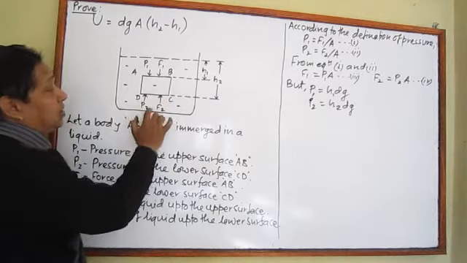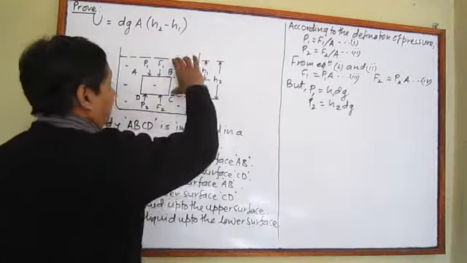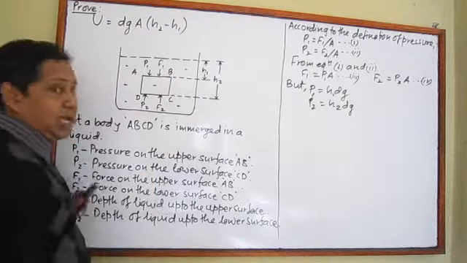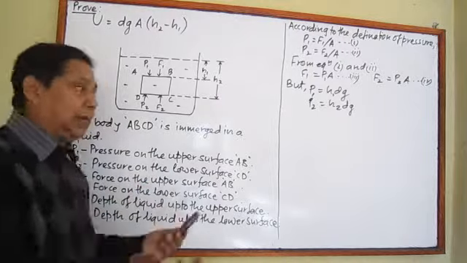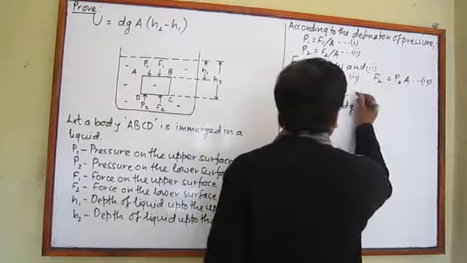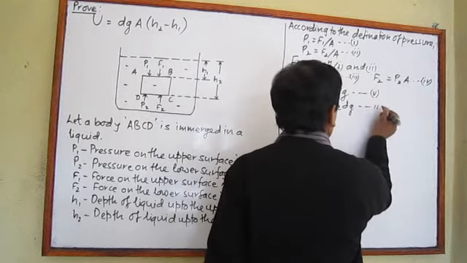That's why P2 is equal to SdG can be written as S2dg, because depth of liquid up to CD surface is S2, and density of the liquid is same, and acceleration due to gravity at a place is same. And let's say this is equation number 5 and this is equation number 6.